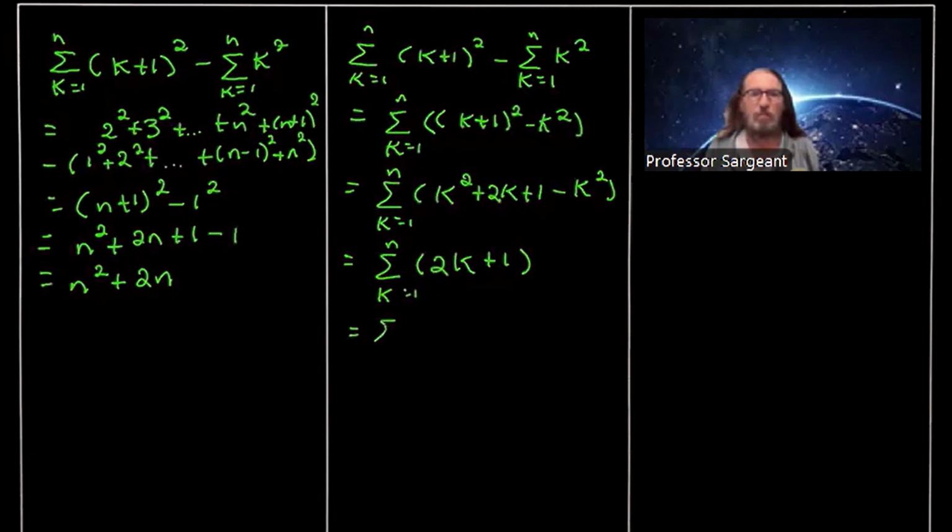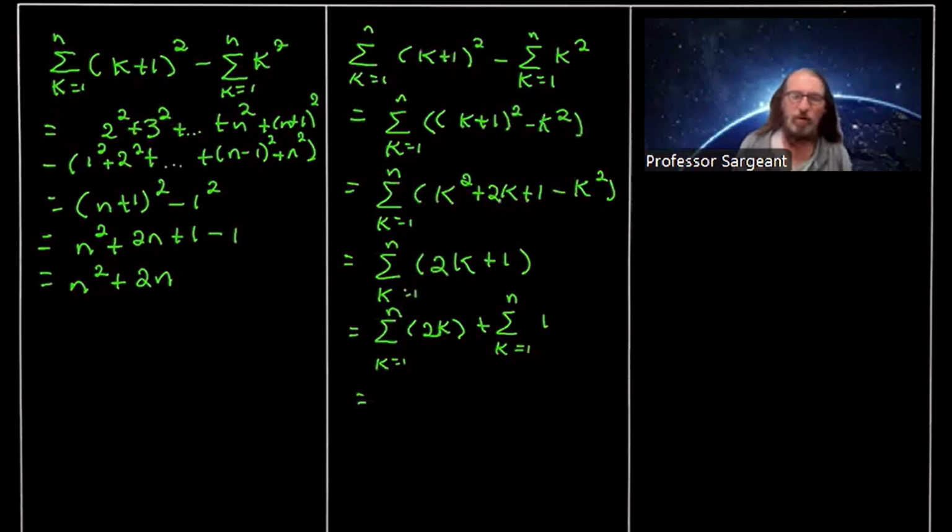Instead of having a sum of sums of two terms, we can split that up into two different sums with the same indexing. And now it's looking even more like what we're looking for, the sum of the first n positive integers.